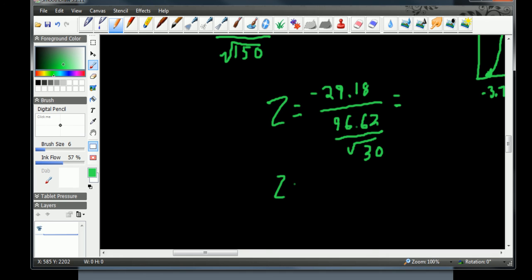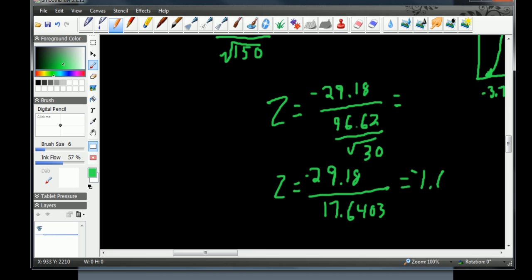So we have z equals negative 29.18 over 17.6403, and I get negative 1.65, negative, that's important, negative 1.65.